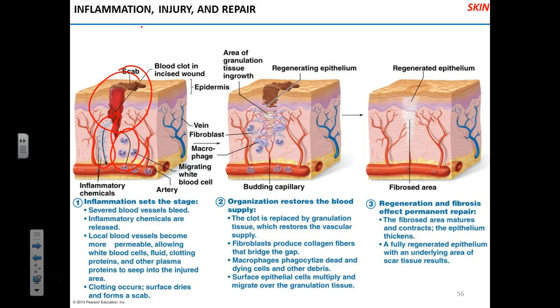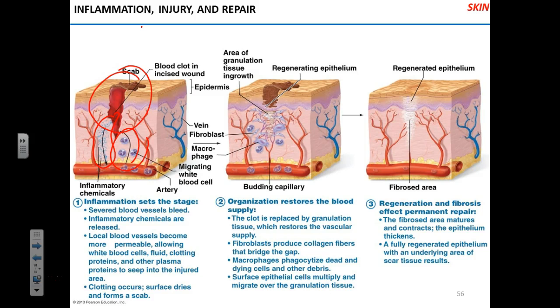What is the point of letting plasma out of the blood vessels into the peripheral tissue? Because of the antibodies that are in the blood? Antibodies are not yet there.